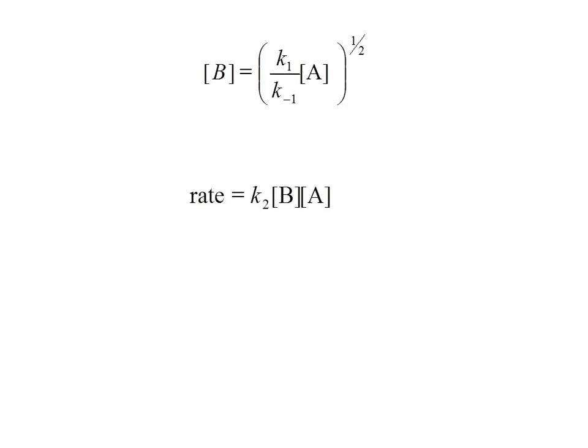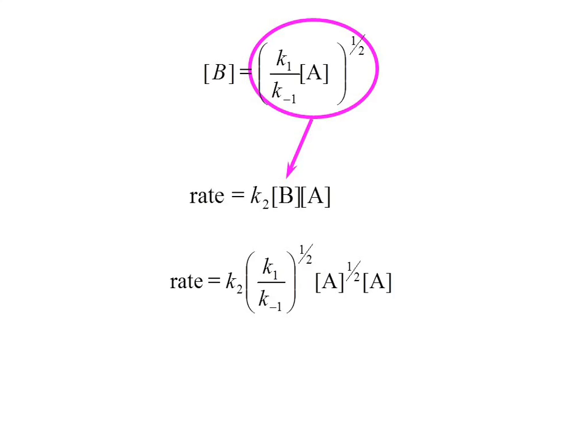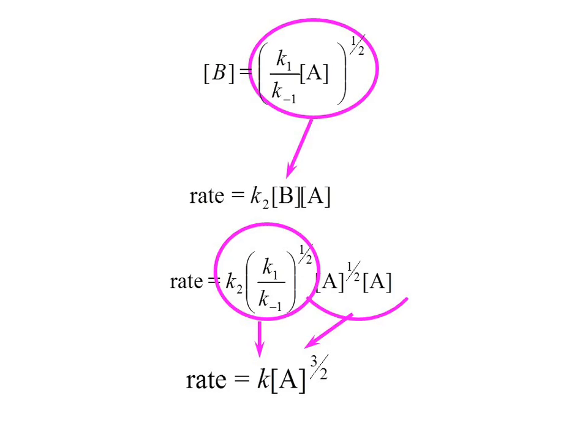So A to the 1/2 times A to the first is A to the 1/2 plus 1, or A to the 3/2. Take 1/2 plus 1, and that gives you 3/2. And that's it.